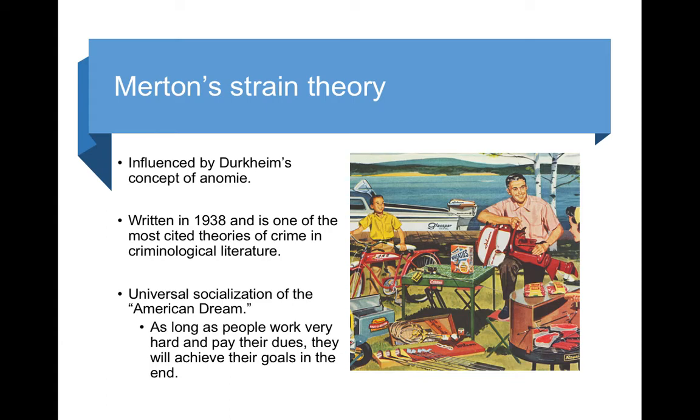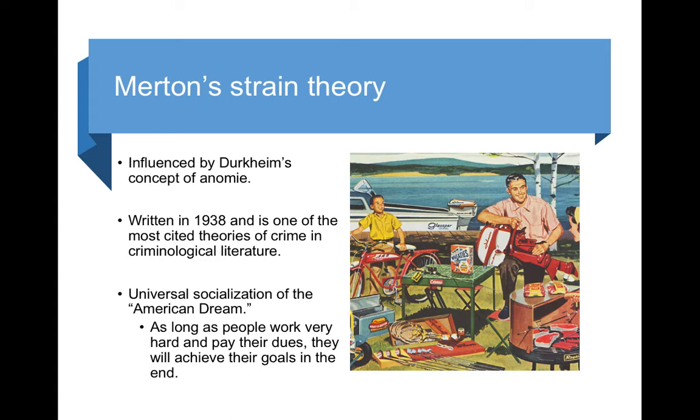He was able to combine Durkheim's concepts and propositions with an emphasis on American culture. So Merton's structural model became one of the most popular perspectives in criminological thought, and it remains one of the most cited theories in criminological literature. So it obviously had a very high impact in this field.